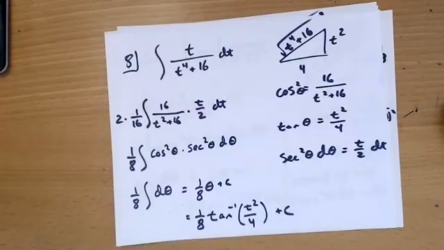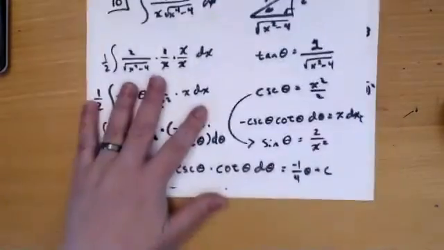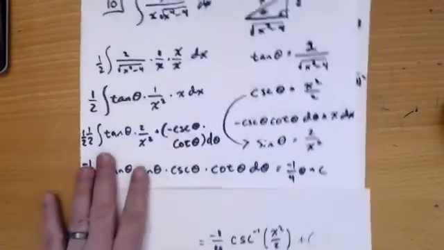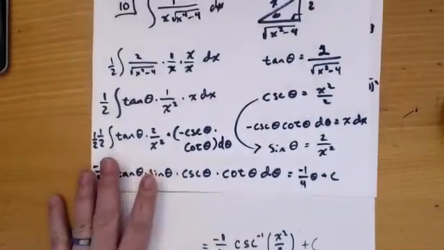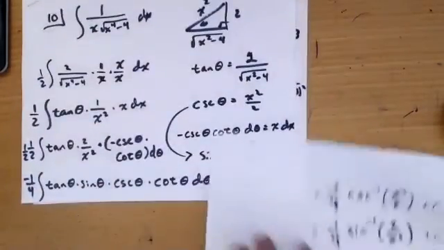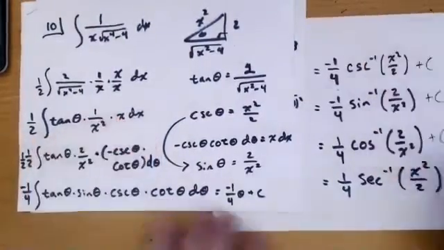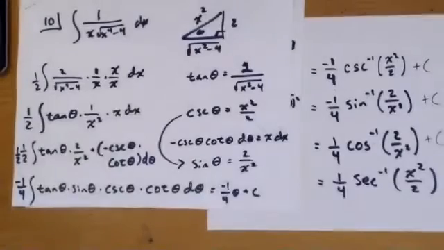Number 10 was tricky. I did it probably differently than other people would have. And that gives me this weird set of answers because you can write it in multiple ways. That's number 10.